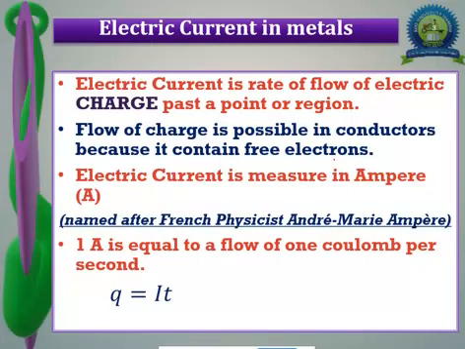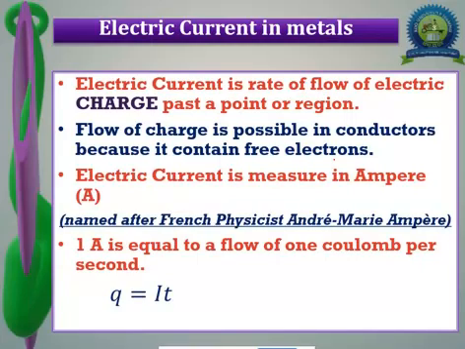Electric current is measured in amperes, and the ampere is named after a French physicist and mathematician, André-Marie Ampère. So the unit of measuring electric current is the ampere, abbreviated as A or AMP in some cases.